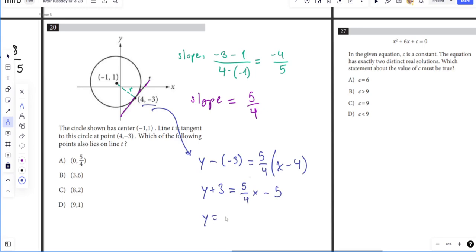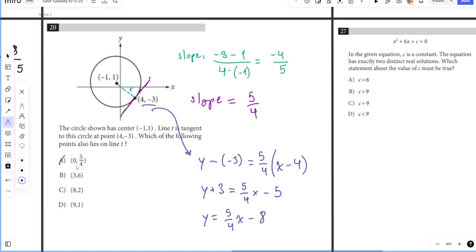And finally simplified, we get y equals 5/4 x minus 8. So now all we have to do to check these points is plug them into our equation. If I plug in something like 0, I plug in x equals 0, I get y equals -8.